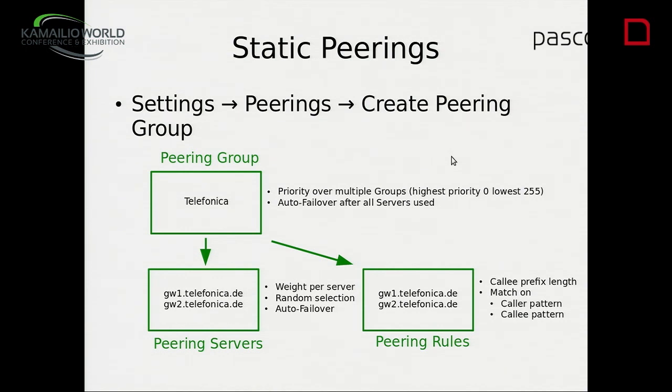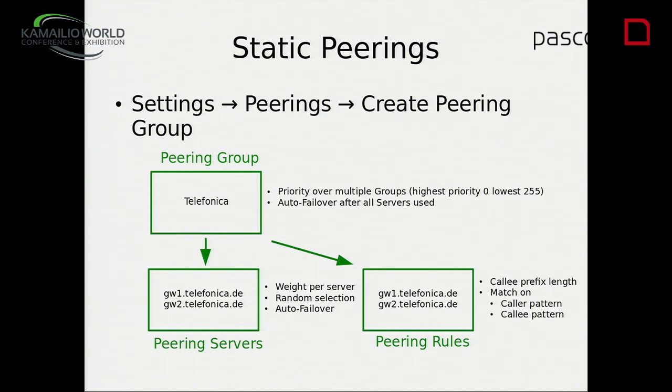So basically the peering group has a priority value you can use to prioritize your different peering groups. Highest priority is 0 and lowest priority is 255.